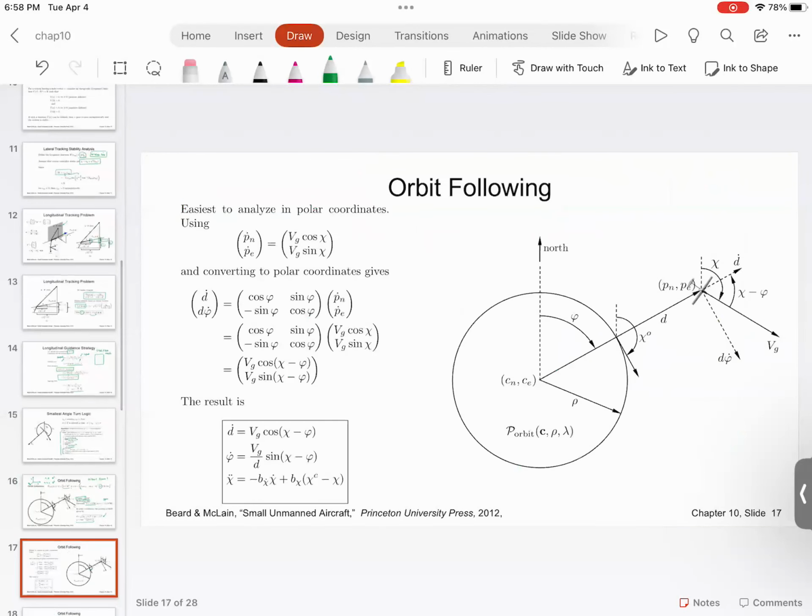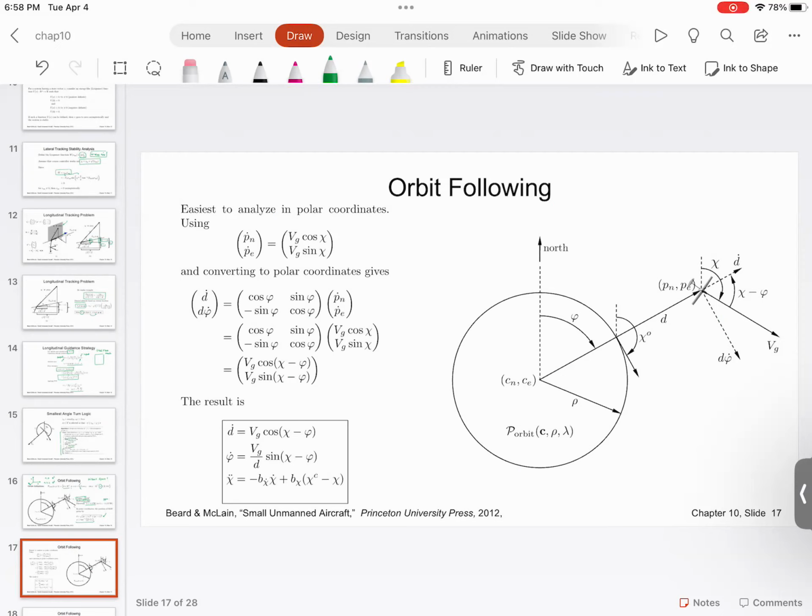Now, this is where the mathematics meets the engineering. At the end of the day, what I want you to do is take this UAV and have it follow the circular path.